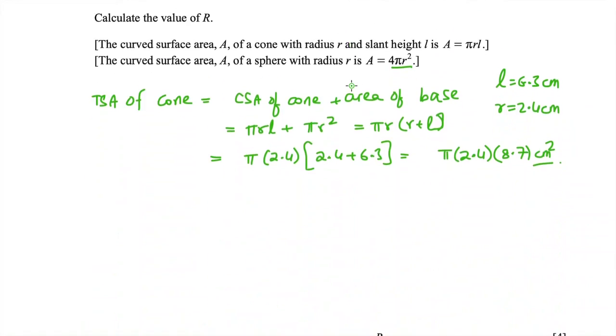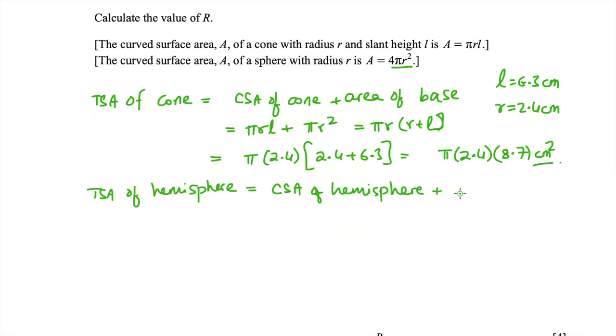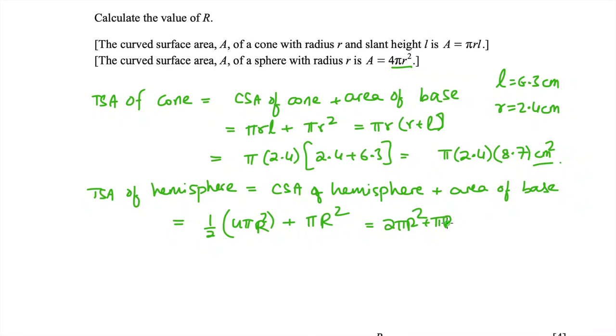So the total surface area of the hemisphere, and if you are writing in the main exam hall, then please write total surface area, don't write TSA, is equal to CSA of hemisphere plus the area of the base, which is a circle. So this would be half of 4 pi r square, which is the curved surface area of the sphere, plus pi r square. So this is 2 pi r square plus pi r square, which is 3 pi r square.